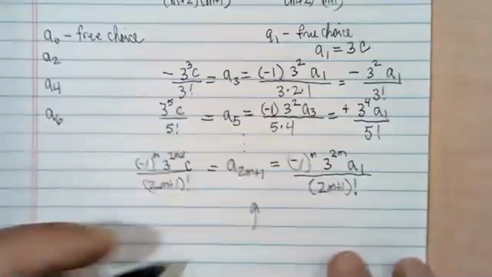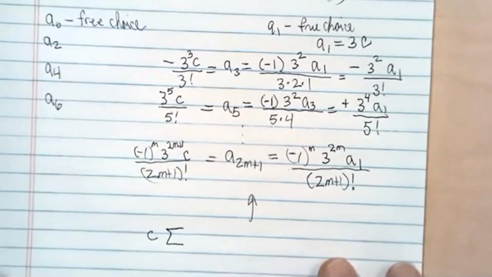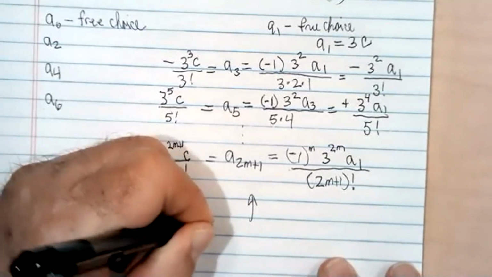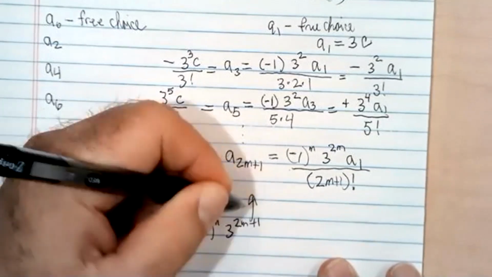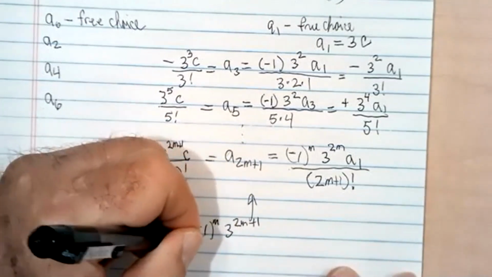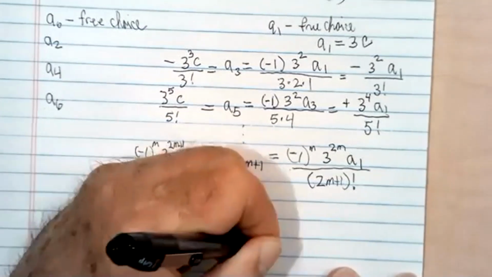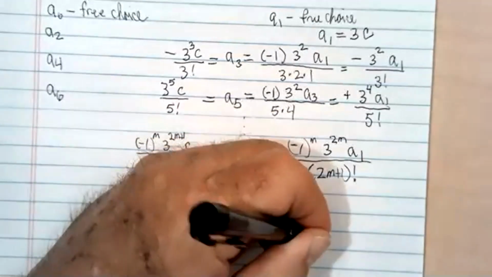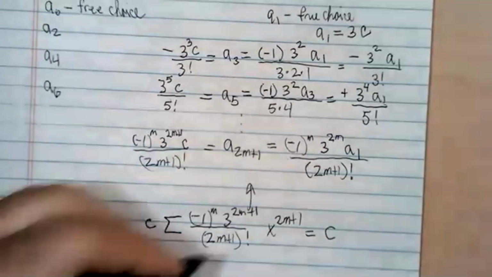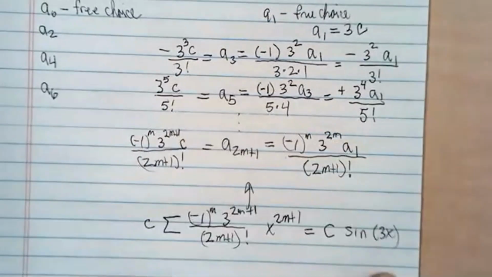And so this part of the sequence, just this part, the even subscripted terms are all yet to be accounted for. All this is generating this series: a constant times minus 1 to the m, 3 to the 2m plus 1 over 2m plus 1 factorial, x to the 2m plus 1. And that is c sine 3x.